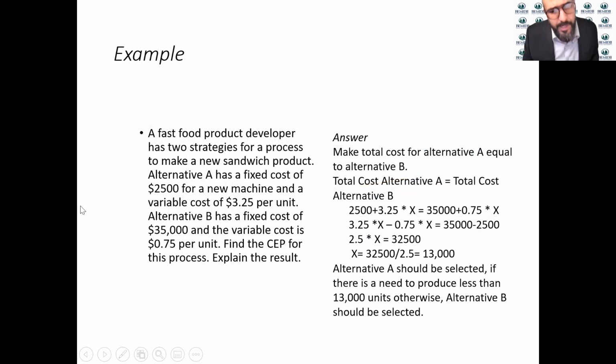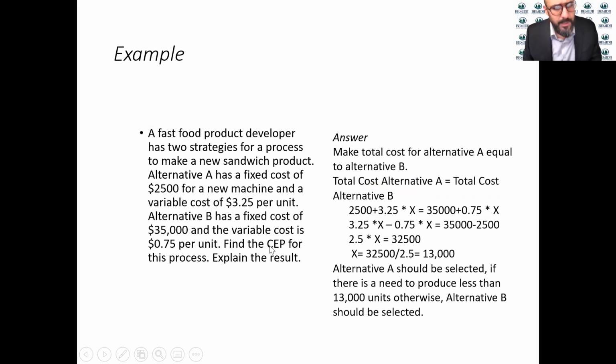A fast food product developer has two strategies for a process to make a new sandwich product. Alternative A has a fixed cost of $2,500 for a new machine and a variable cost of $3.25 per unit. Alternative B has a fixed cost of $35,000 and a variable cost of 75 cents per unit.